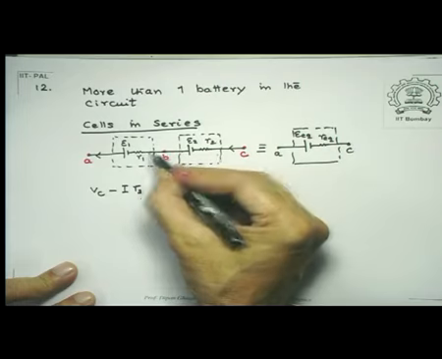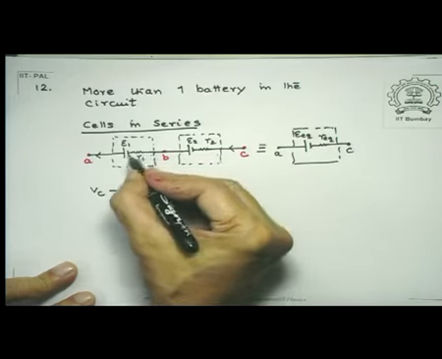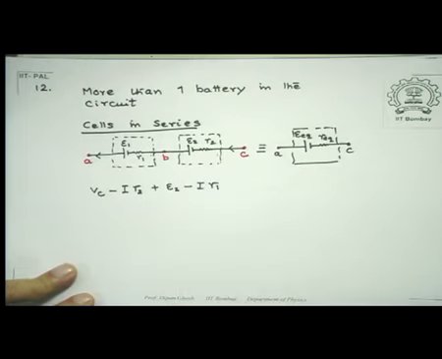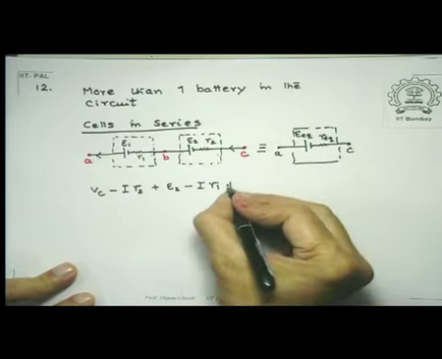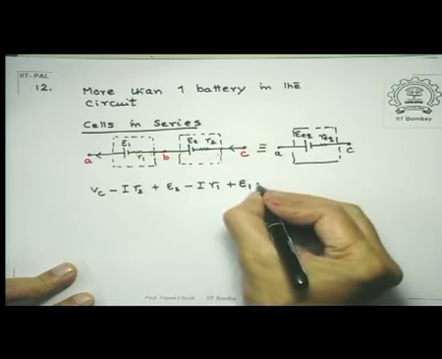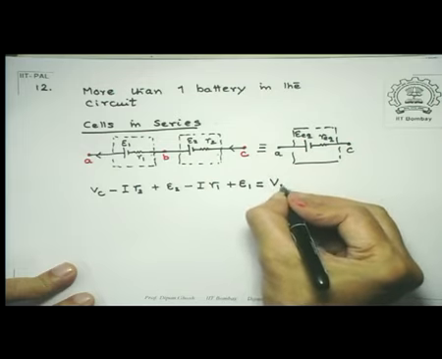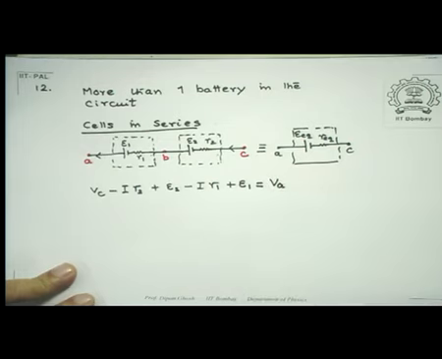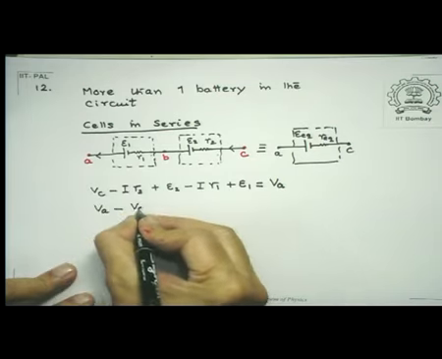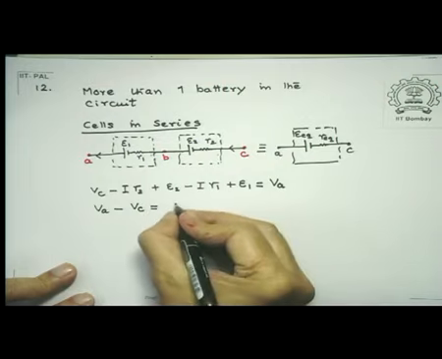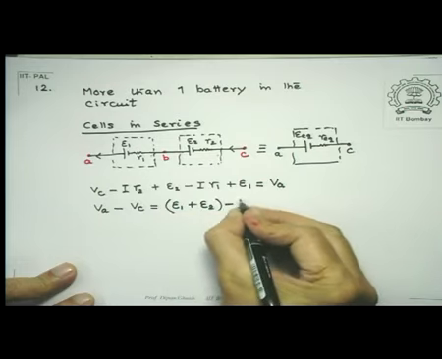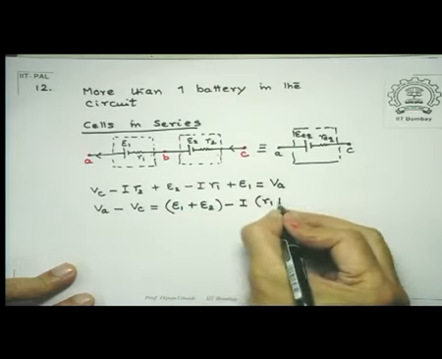I proceed further, have a further drop of I R1. So minus I R1. And once again, my potential is raised here in going from negative to positive by E1 until I have reached the point A. So this is equal to VA. So what is my VA minus VC? So VA minus VC is E1 plus E2 minus I (R1 plus R2).